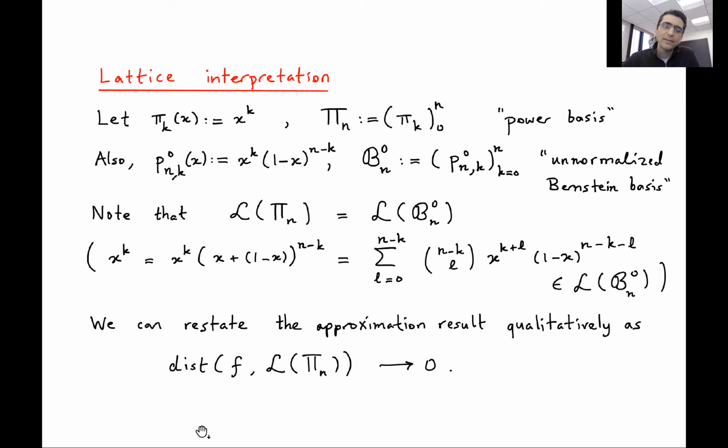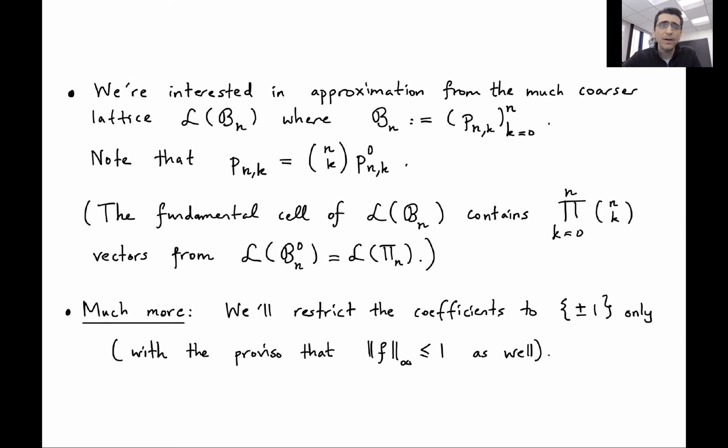We can say that the lattice generated by the power basis up to degree n, if you compute its distance to any continuous function, that distance goes to 0 as n goes to infinity. So this is Kantorovich's result, or at least the result by Pal and Klodowski, but the proof that we saw by Kantorovich.